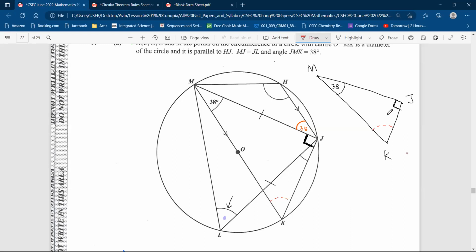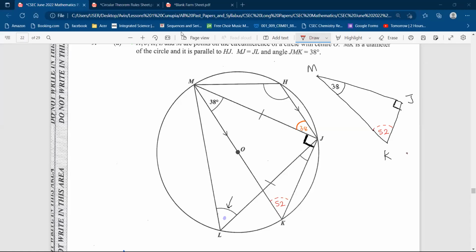I'm going to trust you all to do that one. 38 plus 90 and minus it from 180. And I am getting 52 degrees, right? So make sure you're seeing 52 degrees on your calculator, right? I'm 100% sure it's 52.